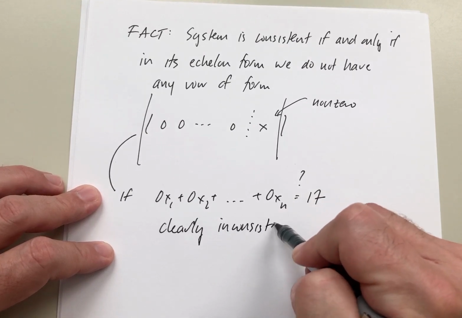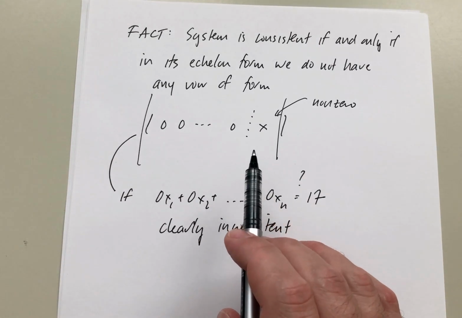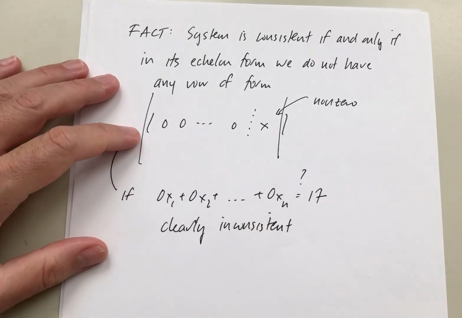But the important thing to realize is that if you never have a row like that, the system will be consistent. Okay?